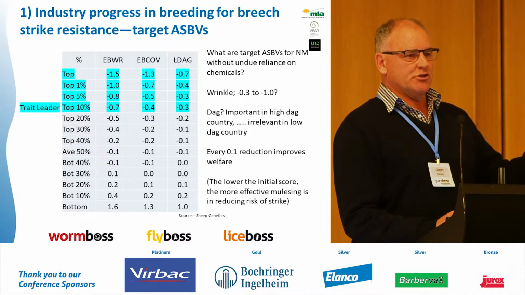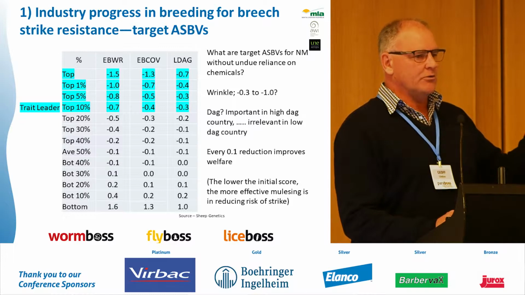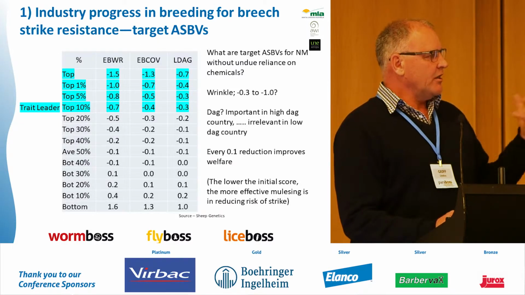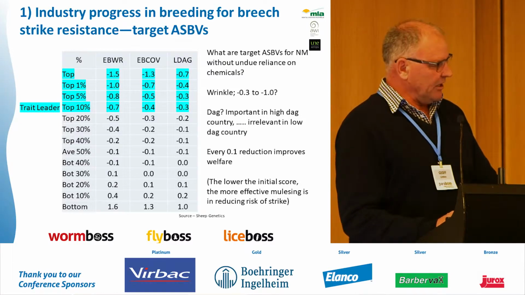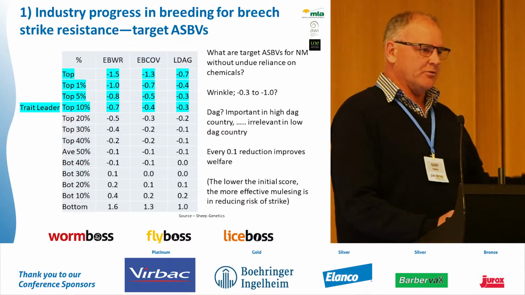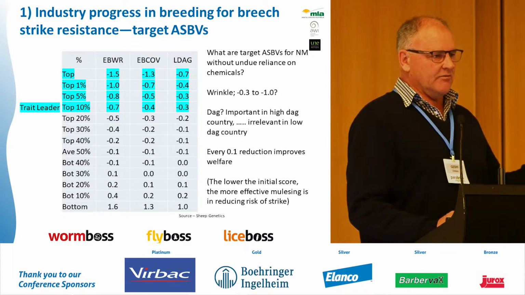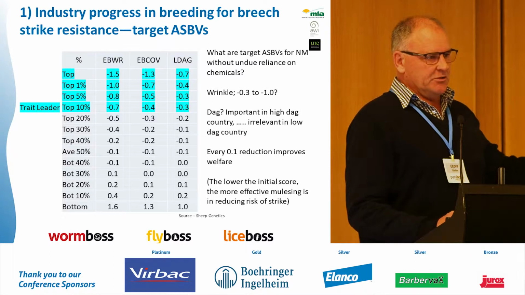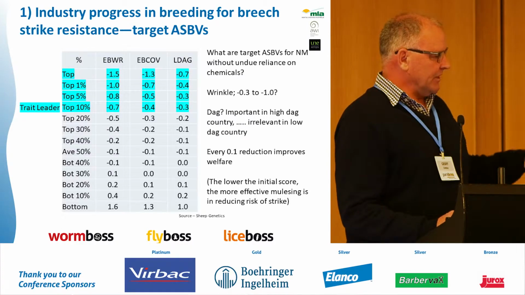But then if you go into the salad bowl areas, whether that's the Riverina or the Macquarie region, they're areas that are highly nutritious, a highly advantageous environment for fleece weight, but also for wrinkle. So then you need a wrinkle score of about minus 1 or even a little bit higher to end up with a phenotypic score of 2, which we know significantly gets your risk down.